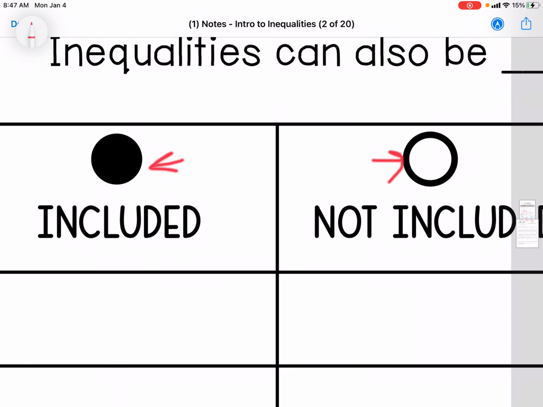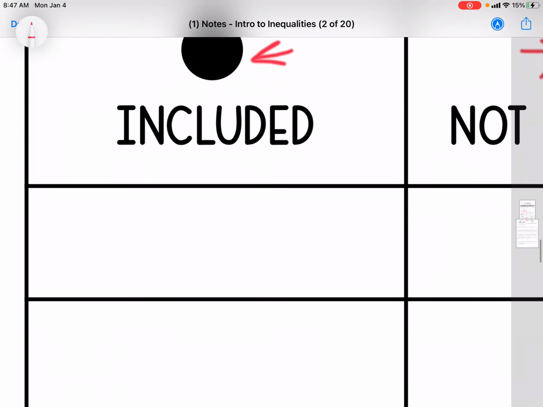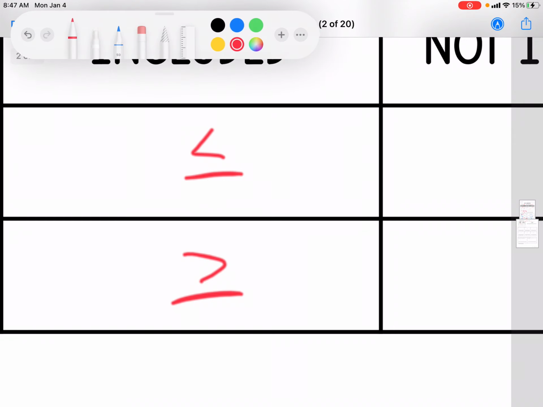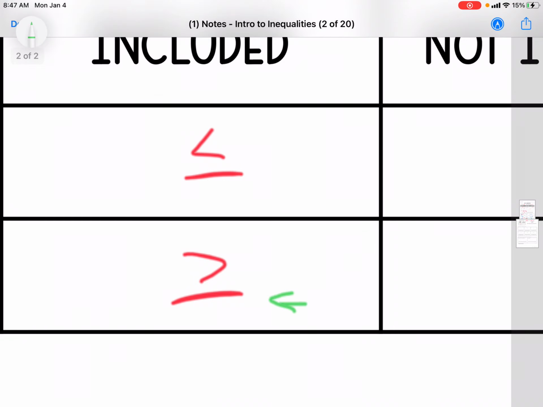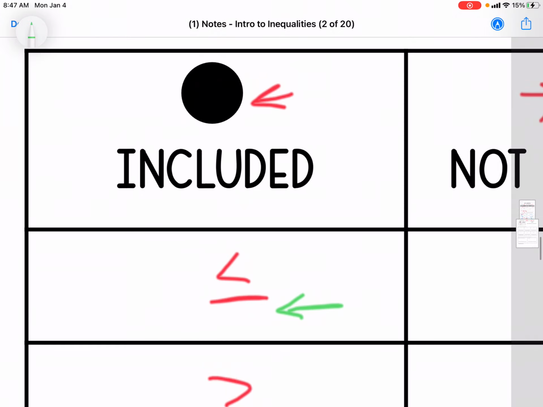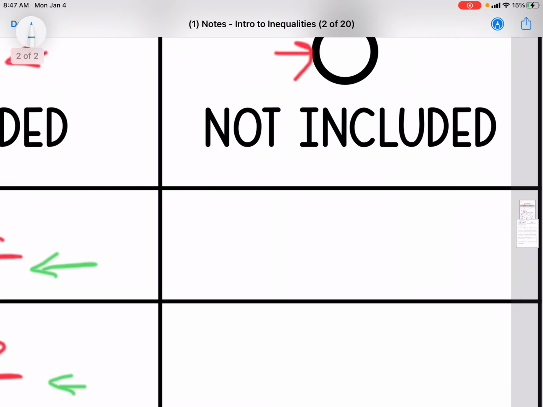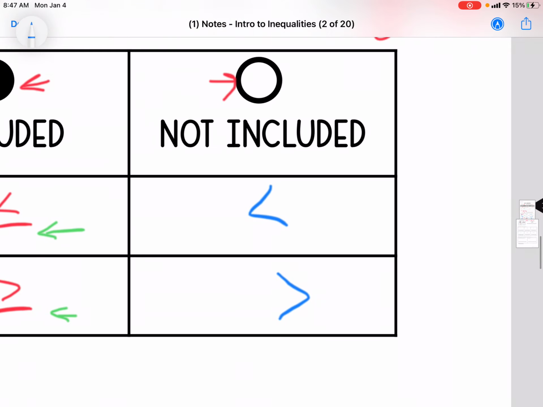Okay, what is the difference? So there is a difference, okay? This one includes the equal to sign. So if it has the equal to sign at the bottom, that little line at the bottom right there, okay, then it gets filled in. The dot gets filled in. If it is just a greater than or less than sign, then it is not filled in. And I'll explain that to the right here.